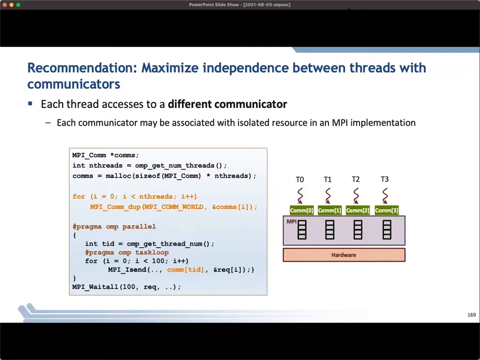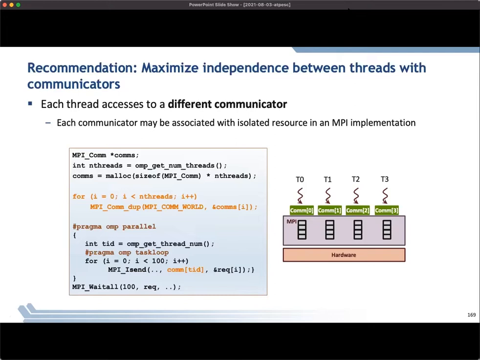In order to preserve that ordering, it has to do a lot of extra work to make sure thread safety and the order are maintained, especially on the receiver side, when the message is coming in, there's no way to know whether the ordering is important to the application.